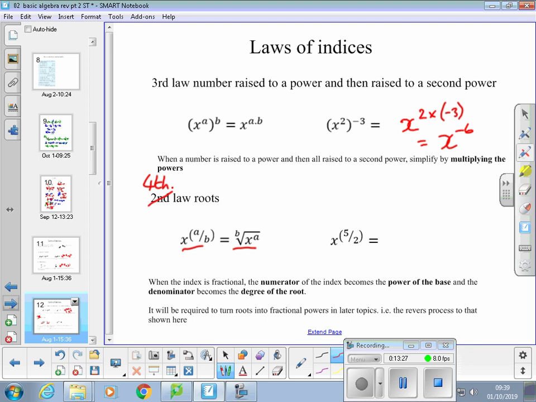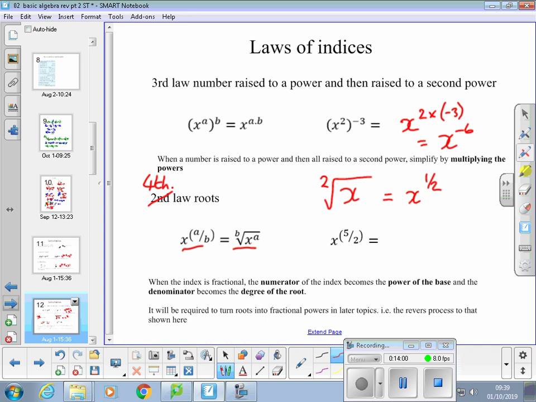If we take x to the 5 divided by 2, first of all, it's worth remembering this, the square root of x can be written as x to the half. Now, when we write the square root, we don't bother to put the little 2 in there, do we?